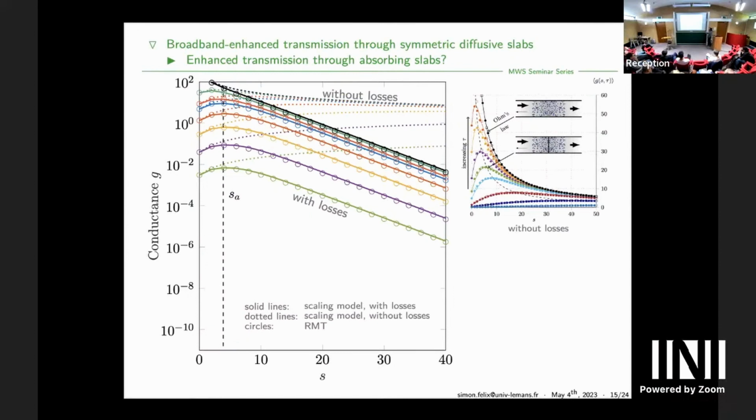And rapidly, when I increase the length of the slab, I enter this regime dominated by the losses, so everything decreases exponentially due to this loss mechanism. So this effect of symmetry-induced enhancement of the conductance is robust to losses, but it is clearly weakened by the losses.